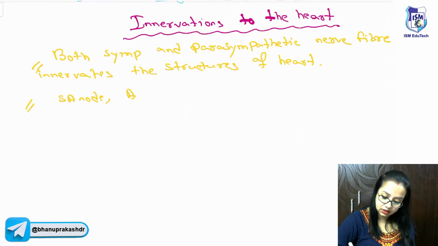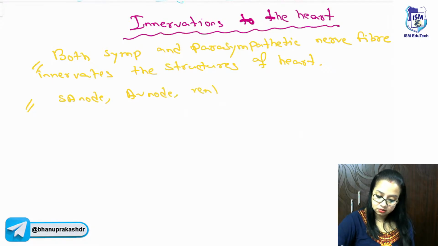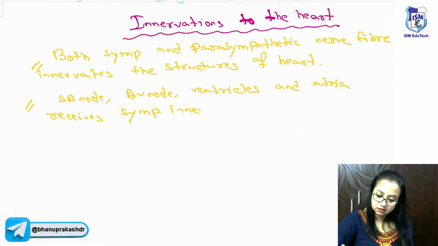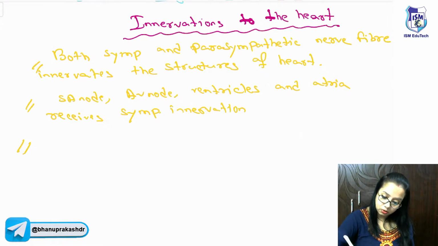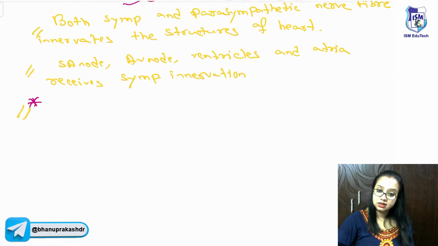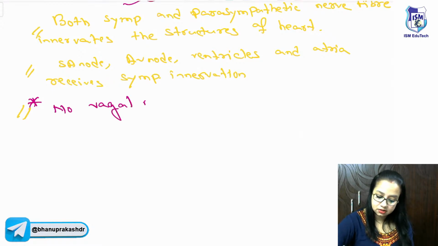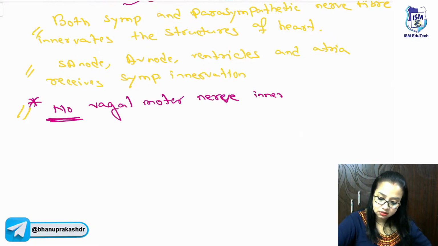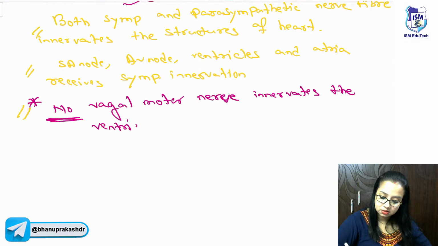In that also, there is a thing that we should remember. The SA node, AV node, ventricles and atria receive sympathetic innervation. Point to remember, a high yield thing, very important: no vagal motor nerve innervates the ventricles.